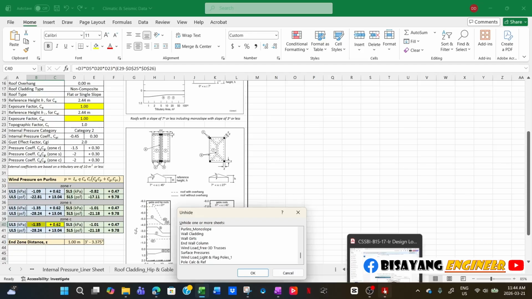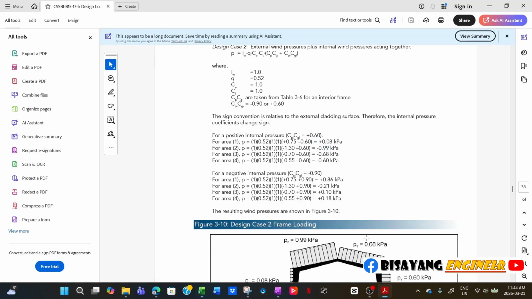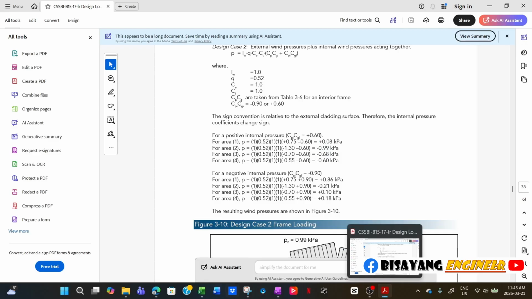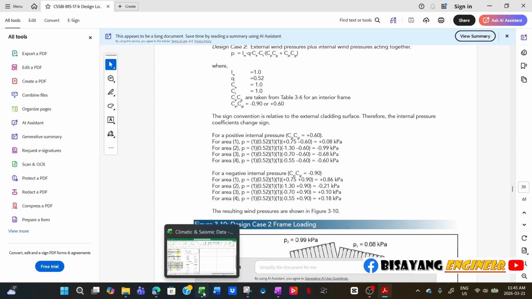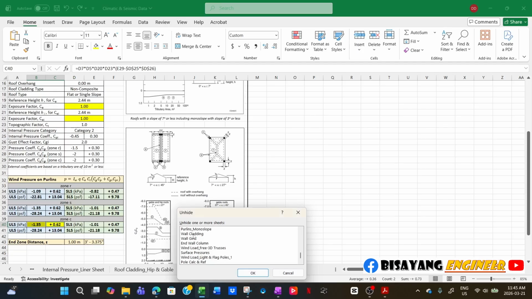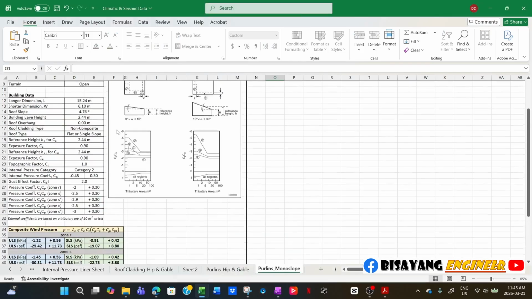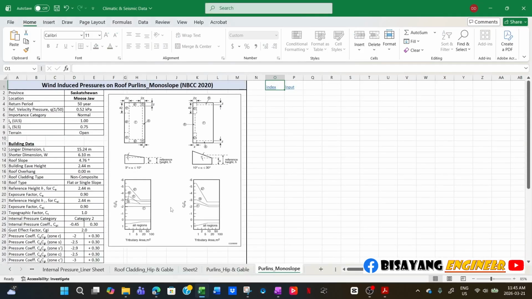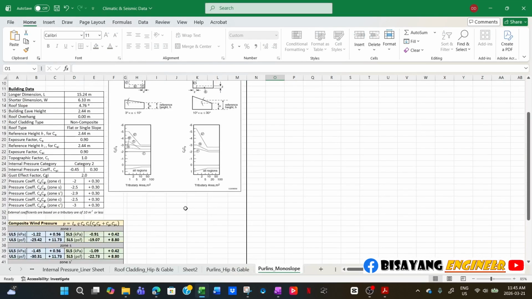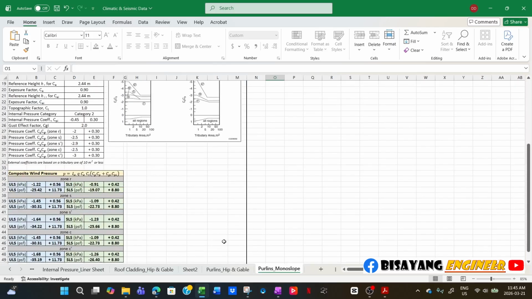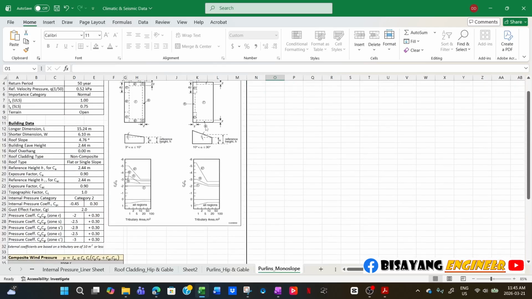I'm just following whatever is shown in this design guide. All you have to do, if for example you need purlins that are monoslope, is unhide that one, and then this is the calculation for the purlins that are monoslope, this one.